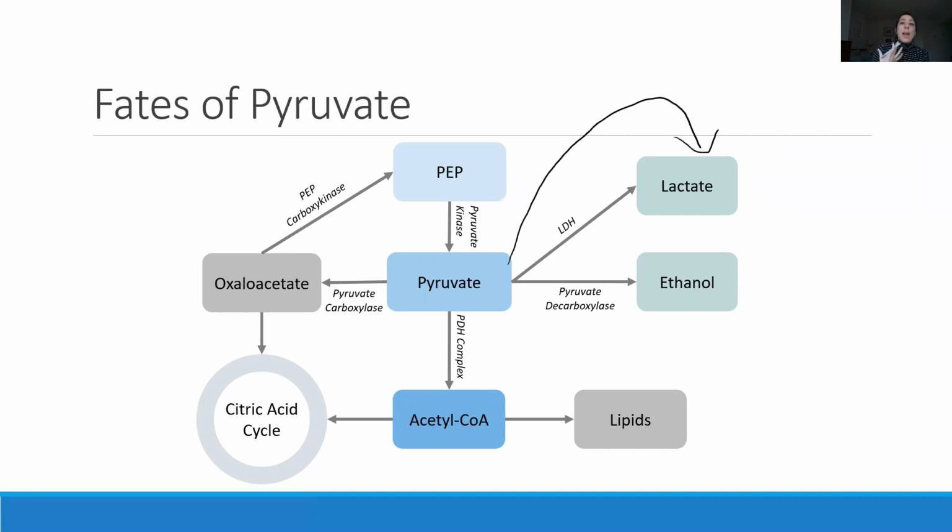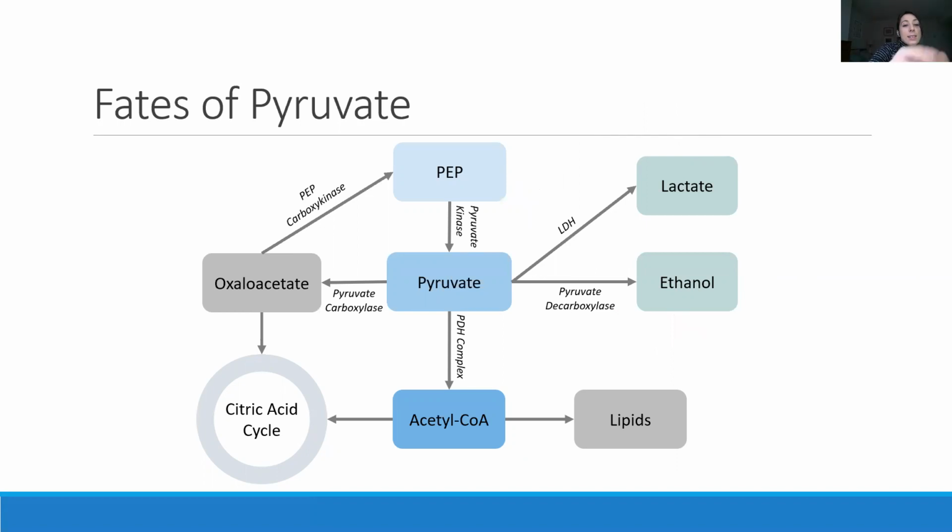We talked about how our muscle cells will use lactate dehydrogenase to regenerate some NAD plus for glycolysis. So pyruvate can make lactate. In microorganisms, like some yeast and bacteria, it can also be fermented, but it is fermented into ethanol instead of lactate through pyruvate decarboxylase. So these are fermentation pathways that pyruvate can go through.